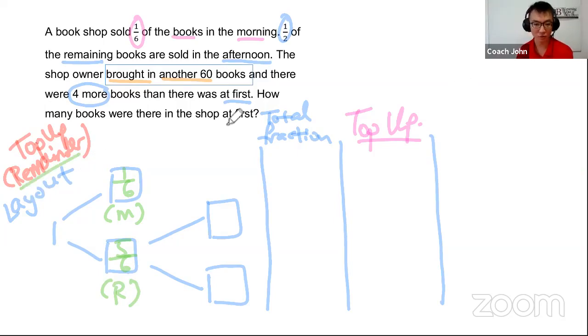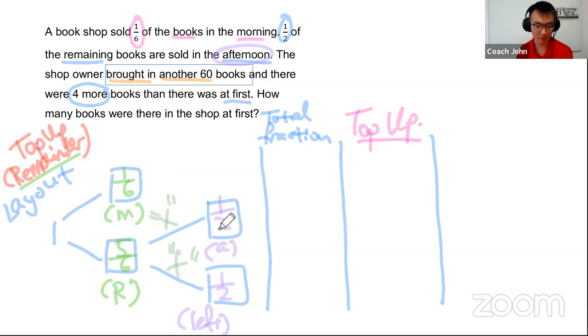Then later on, you have half of the remaining, so half for afternoon. So you put an A, and this part is always left. A few things here: you need to know that of means times in math.